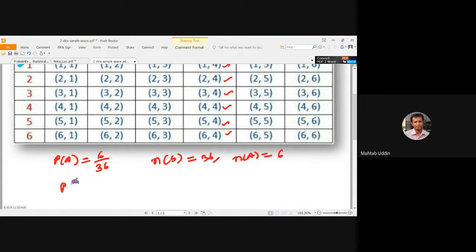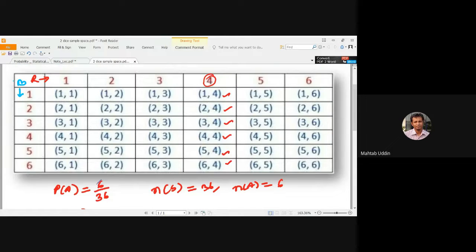Then B. What is B? B is sum is odd. Now how can we find the odd numbers? Can anyone help me? Look at this. This is odd, odd, odd, odd, odd.